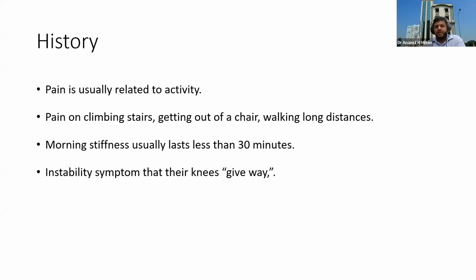When going from low sitting to the standing position, the knee joint is loaded, and this load cannot be borne by the joint, because the hyaline cartilage is already affected, and the broken or thin hyaline cartilage and the bone cannot bear this weight. So movements like going up stairs and down stairs cause the pain.